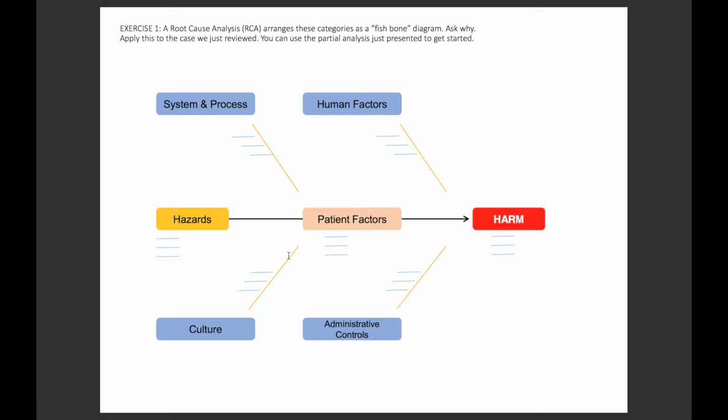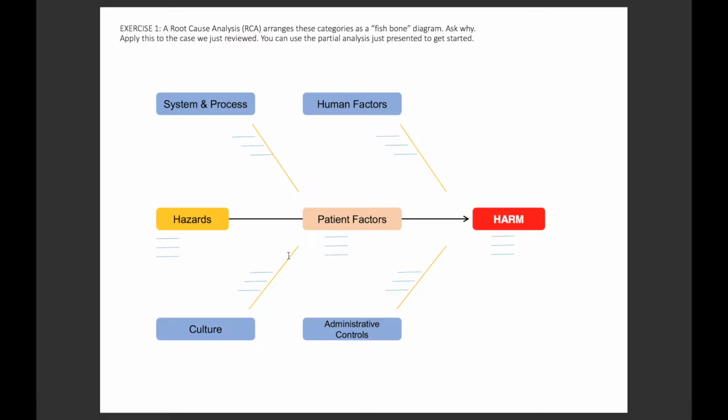And now we're going to do a deep dive into this case. But before we do this, I want to just show you what's called a fishbone diagram. You see this looks like a fish with harm in red on the right, and those 6 factors that we raised before as boxes here with little lines underneath them.